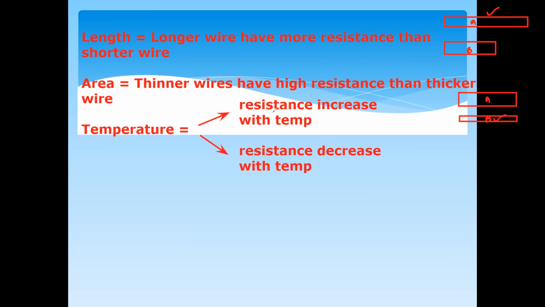And if we have a conductor, resistance increases with temperature, and this happens for conductors. Resistance decreases with temperature, and this happens for semiconductors.